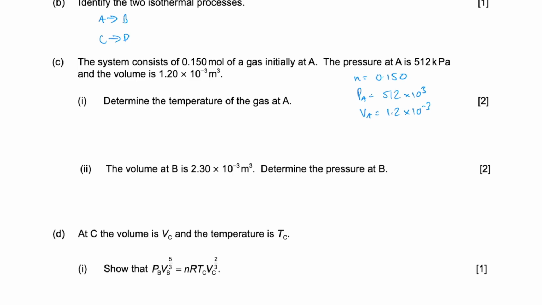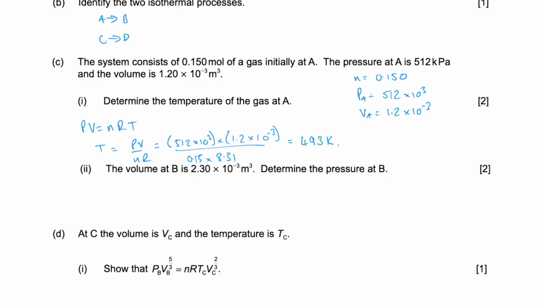We're going to use the ideal gas equation to work out what the temperature is, PV over nR. That's going to give us an answer of 493 Kelvin.